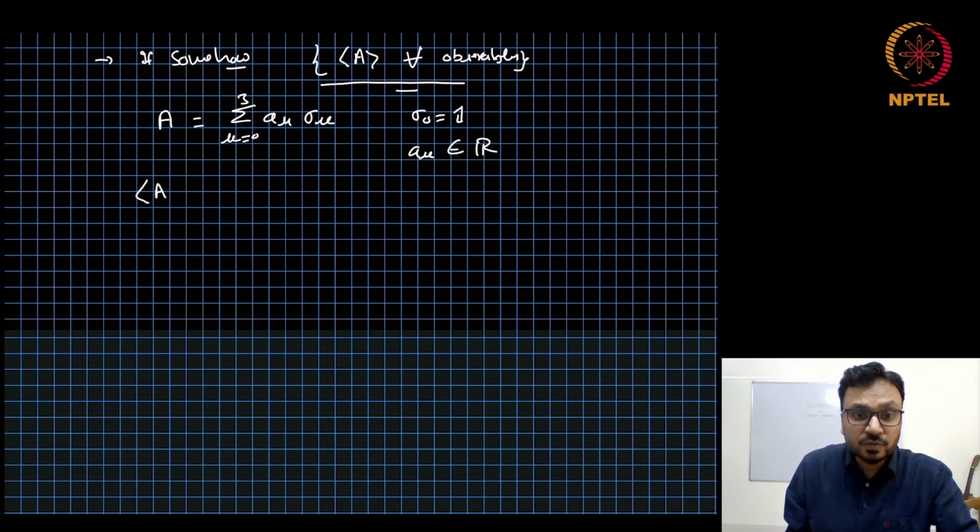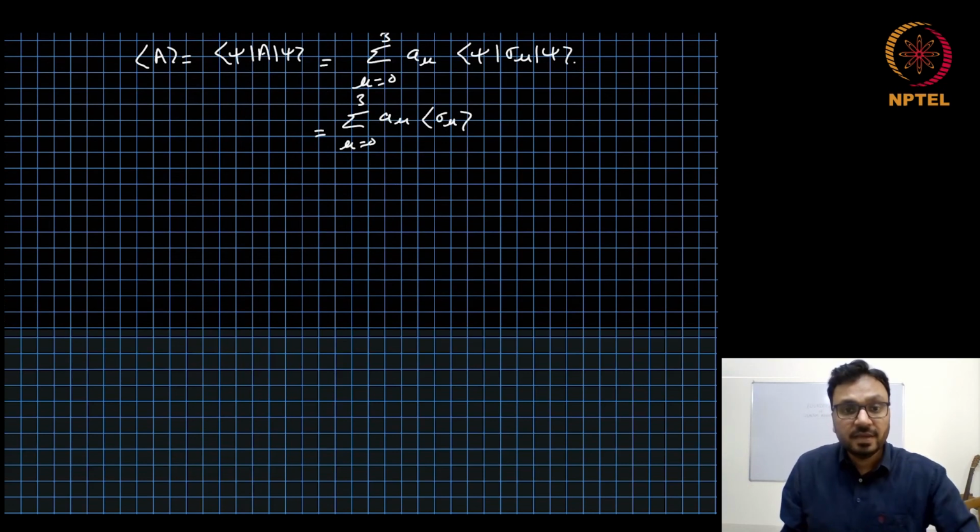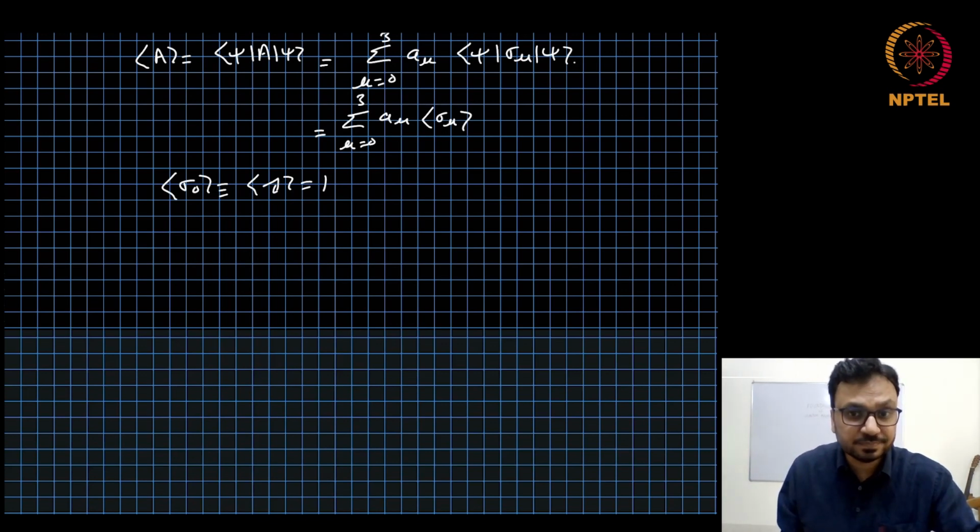Since the expectation value is a linear operation, we can write it as the sum of a mu times the expectation value of sigma mu. The expectation value of sigma 0, that is identity, is just 1 because our state is normalized.